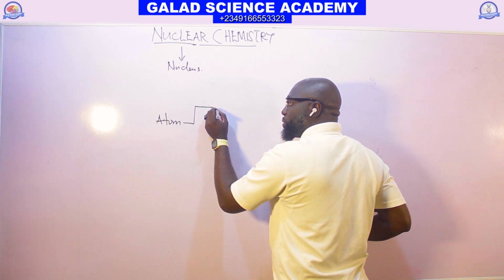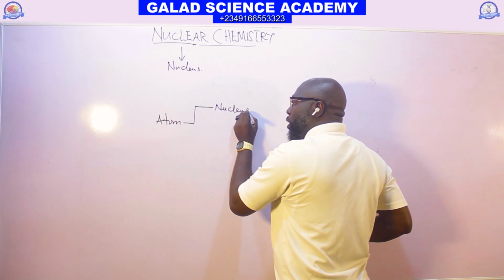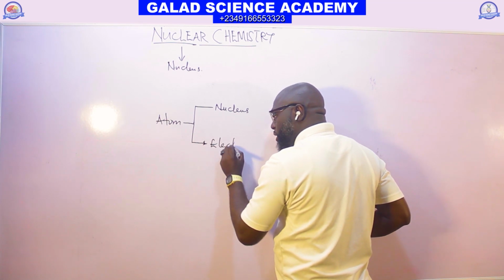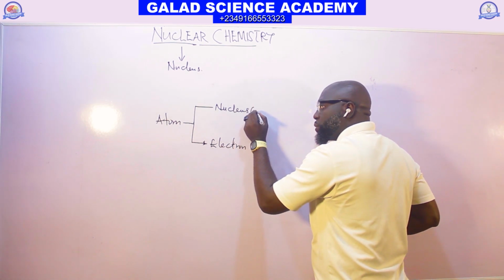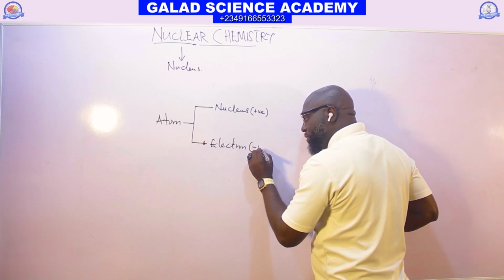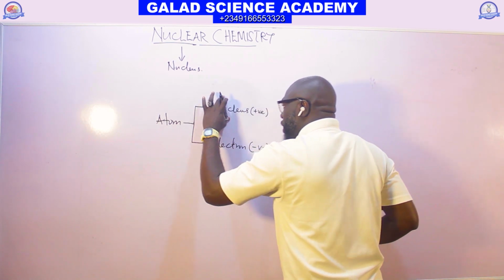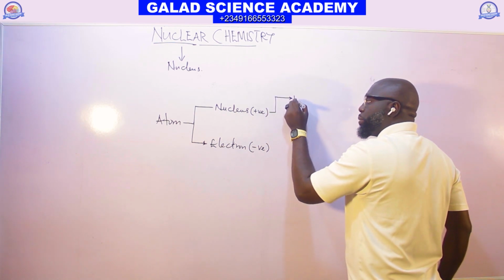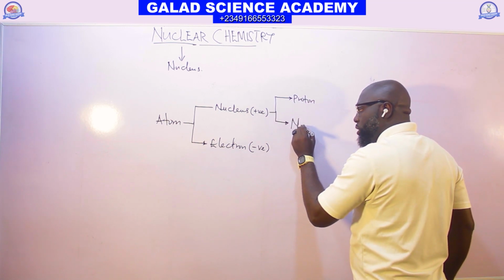We have the nucleus of the atom, and then we have the electron. The nucleus of an atom is positively charged, and the electron is negatively charged. Inside the nucleus, we also have two things: the proton and the neutron.